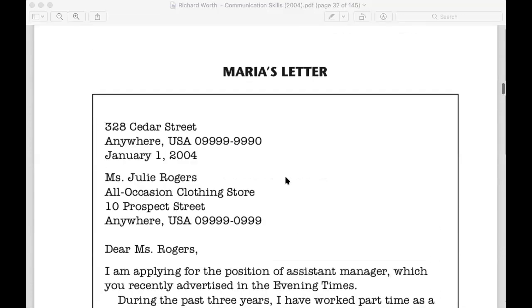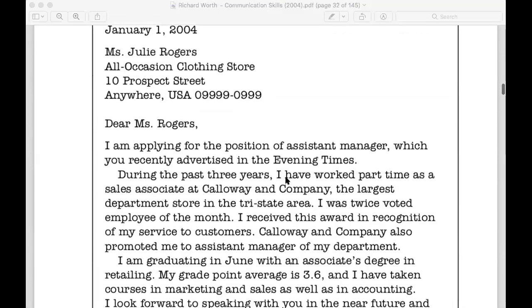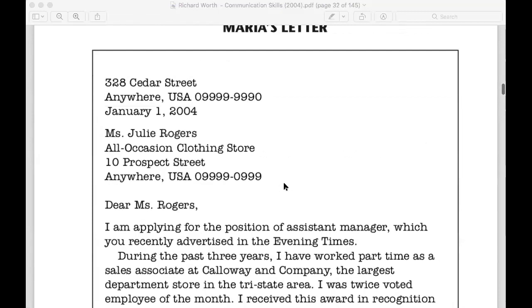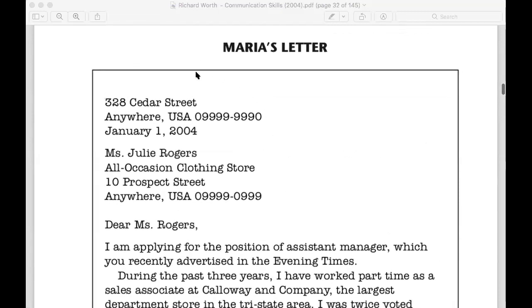this is Maria's letter. You're going to follow the format. Let me explain the format to you. This is Maria's address, right? On the left hand corner, and we are basically following these days the American format of writing letters and applications.